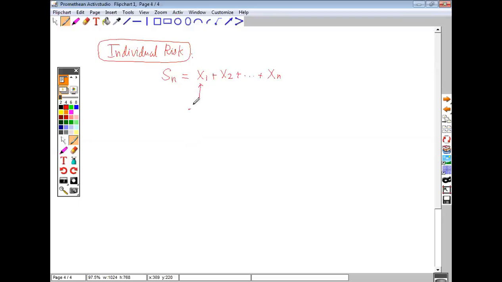So my X1 here is the loss amount from the first contract. And again, my n here, the small n, is the number of contracts within a portfolio, right? So I'm looking at one portfolio.